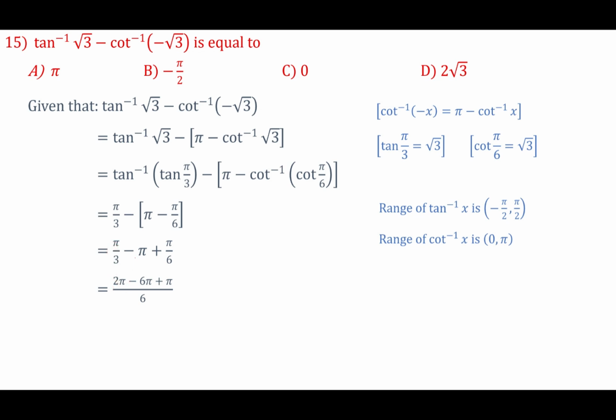For the pi, 6 divided by 1 is 6, 6 times pi is 6 pi, with the negative sign. 6 divided by 6 is 1, 1 times pi is pi. Now, 2 pi minus 6 pi plus pi is nothing but negative 3 pi by 6, and 3 over 6 is nothing but half. So the answer is negative pi by 2, which is option B.